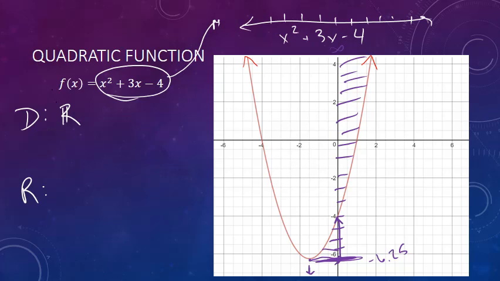Notice that we're including -6.25, so I'm going to write this as -6.25 with a bracket because it's included, all the way to infinity. You do have to write this in order from least to greatest. That's why it's always written that way. There's nothing on this graph that is below -6.25, so that's why I start there.